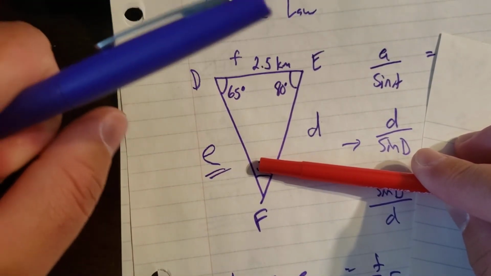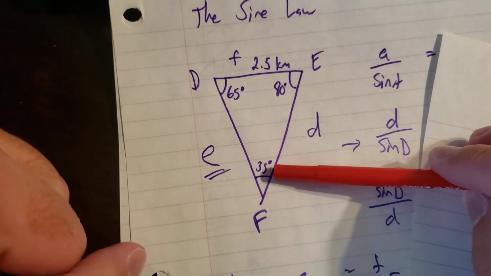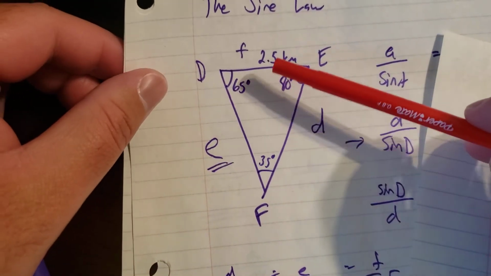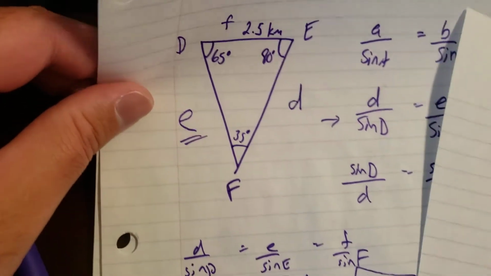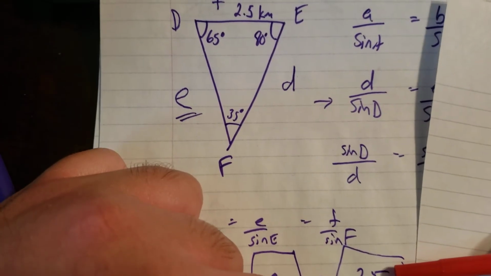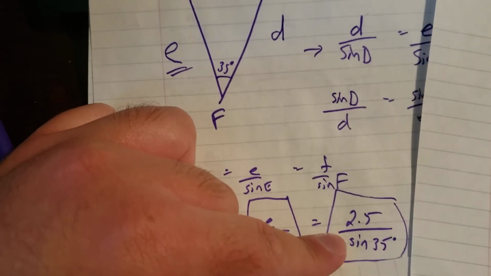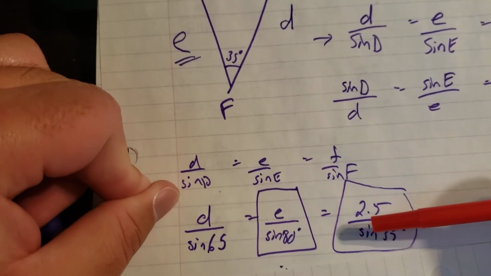So 145 and the remainder to make 180 would be this angle here, so a 35-degree angle right there. Okay? So for my f, I know that little f is 2.5 and big F is 35. So I've got 2.5 over sine 35. Okay? Now, I've got these three fractions here.